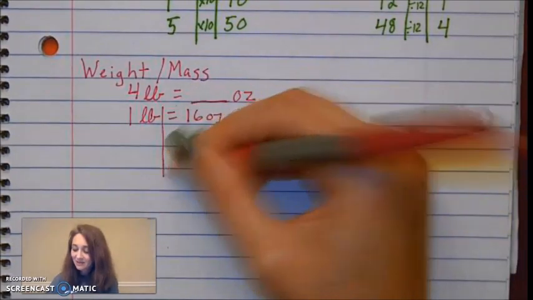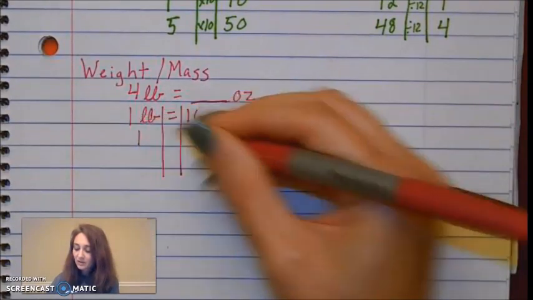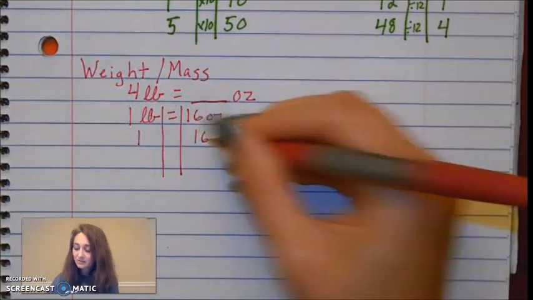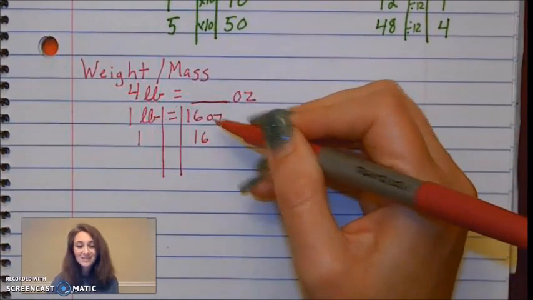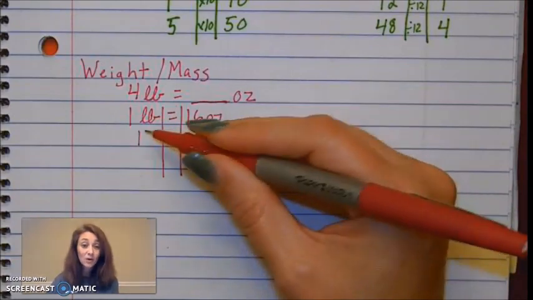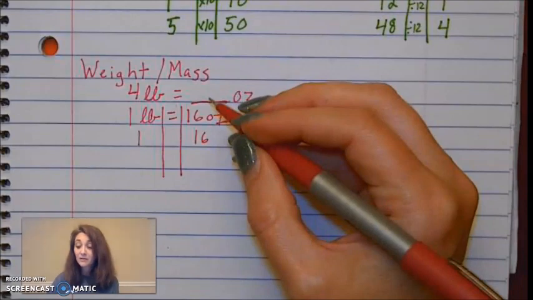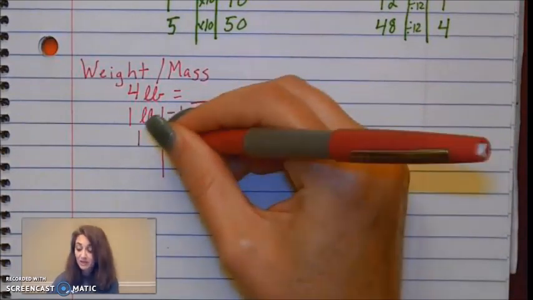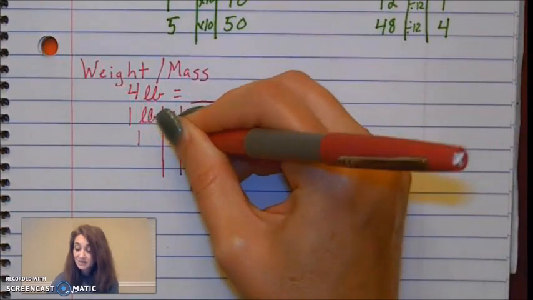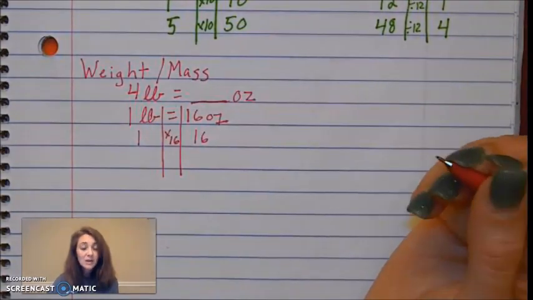Okay, so I'm going to come down a little bit. 1 pound, 16 ounces. Which one's bigger, a pound or an ounce? Well, if it takes 16 ounces to make 1 pound, I know a pound is bigger than an ounce. I'm going from big to small. I'm going to multiply. Times 16. Okay, I might not know right off the top of my head what 4 times 16 is.